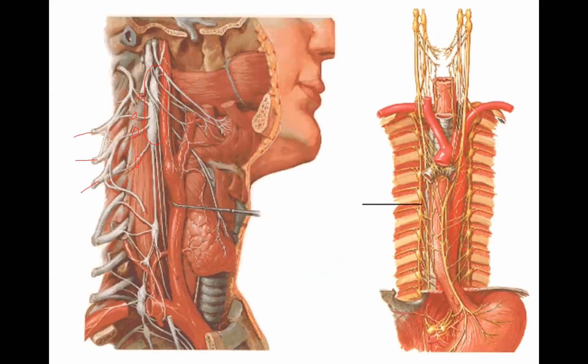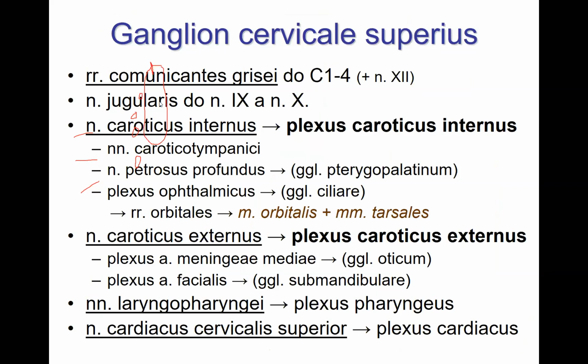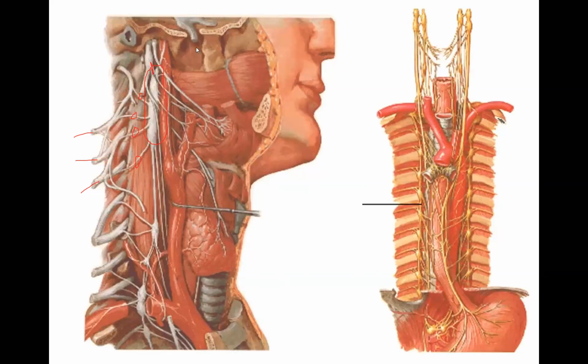Then there's a communication here between the glossopharyngeal and vagus. Between vagus and this, it used to be called, I just go back to show you, it used to be called the jugular nerve. And I said it is not important, but you can see it's here.